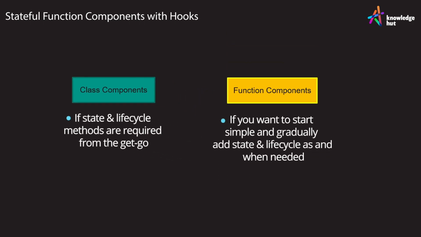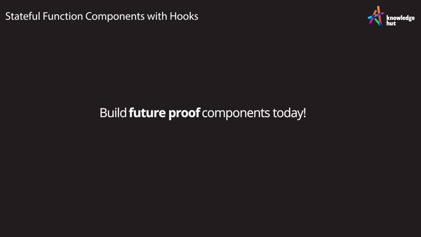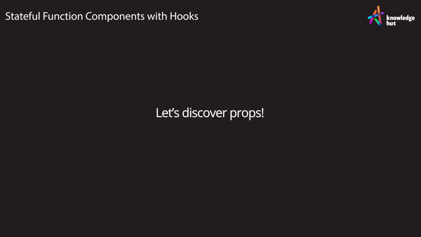However, if you would like to start simple and gradually add state and lifecycle methods as the component evolves, function components with hooks are the way to go. The hooks API is purely optional and can be plugged in when needed. This is incredible because you can seamlessly incorporate state and other features when needed without making future-proof design and architecture choices from day one. Let's now focus our attention on these little inlets we call props in the next video.